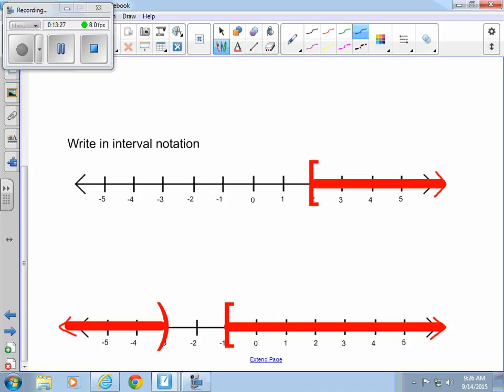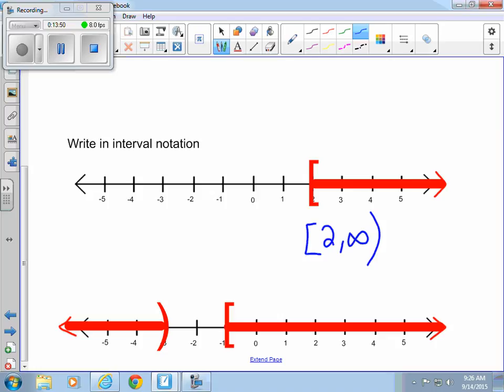Everyone see that? So this is every number greater than 2, including 2. How do you write that in interval notation? You go from 2 to infinity. 2 is the lowest number. It goes on forever, so anytime you want to say it goes on forever, your biggest number is infinity.